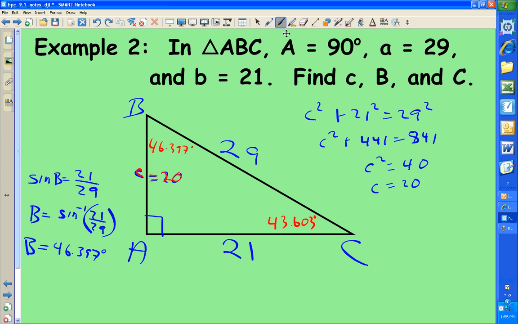Is there anything you want to say about angle B before we move on? And how you found angle B and something to think about for the future? How did you get angle B up here? How did you ultimately determine the value of angle B?